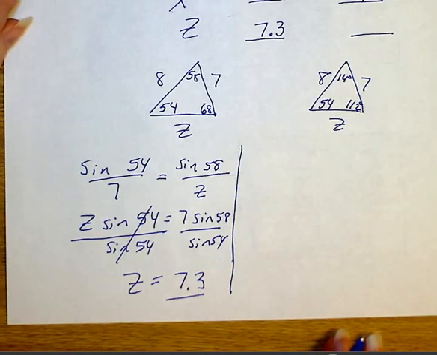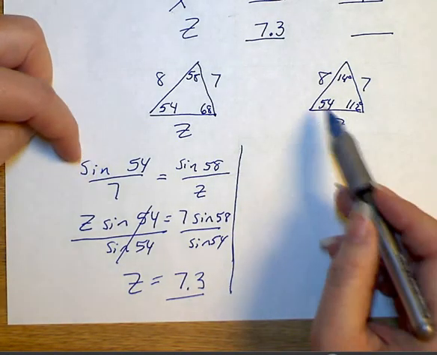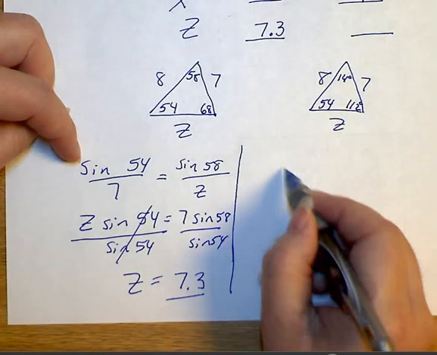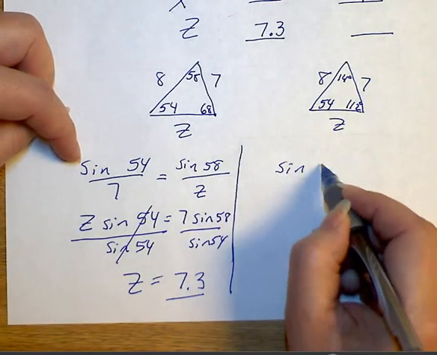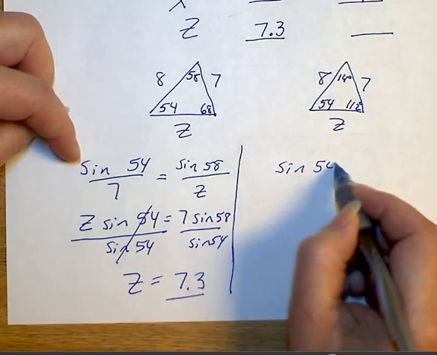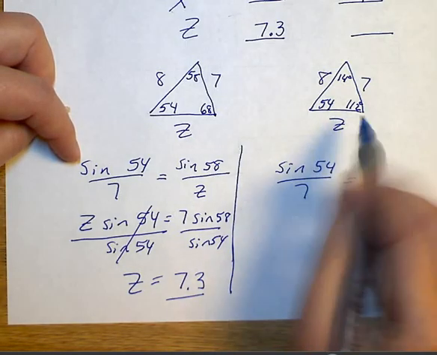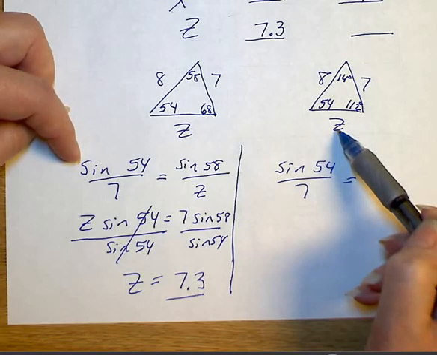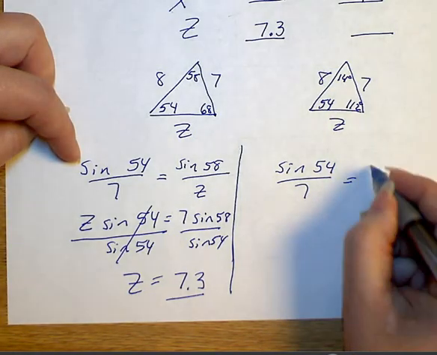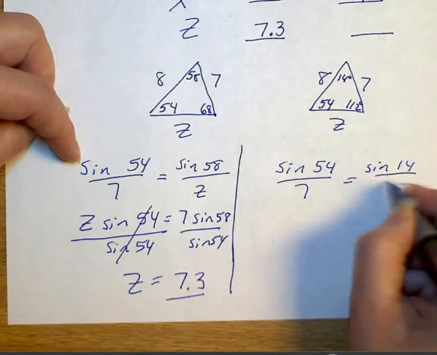All right, so again, I will come back to my known. You might have used a different one, but I would use sine of 54 over 7 is equal to, what one am I going to use for z? 14. So sine of 14 over z.